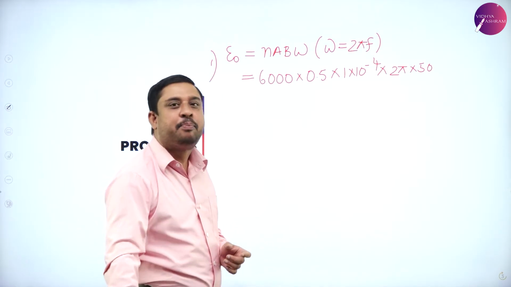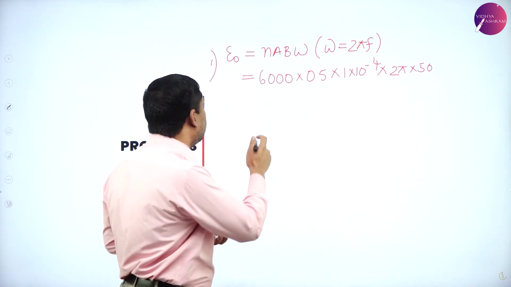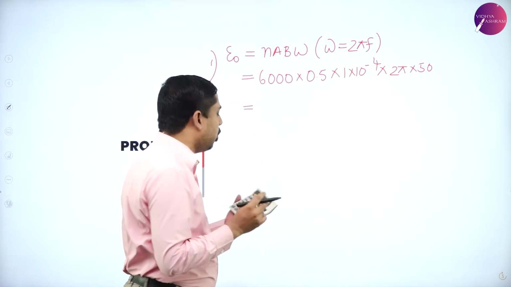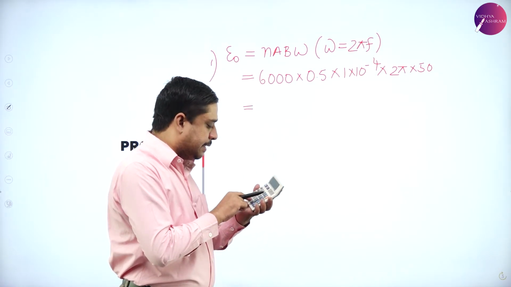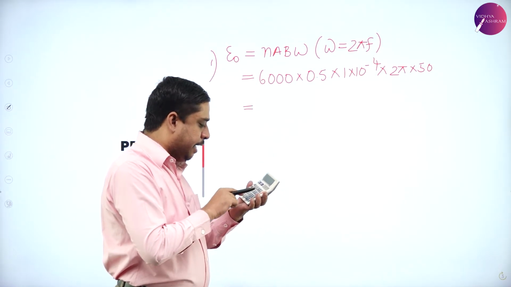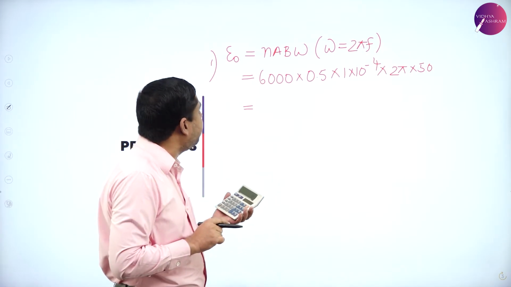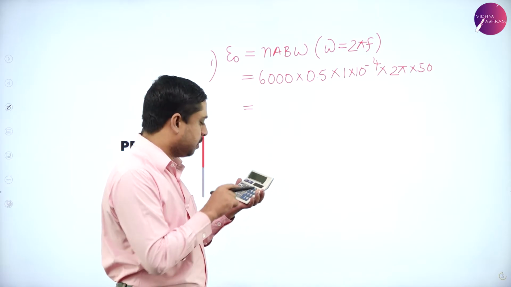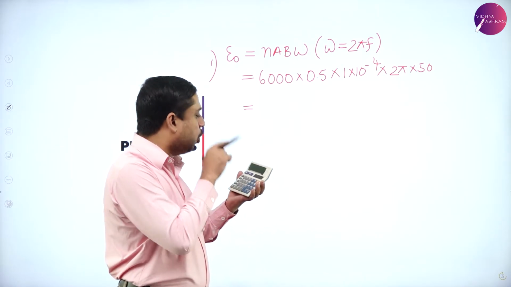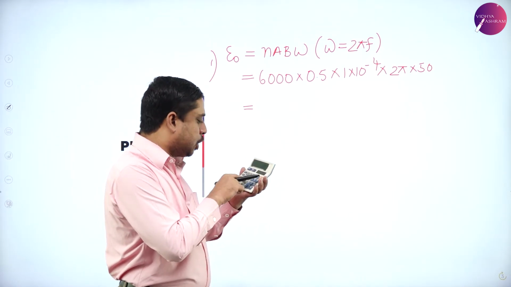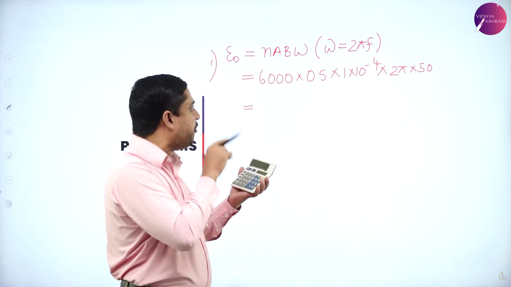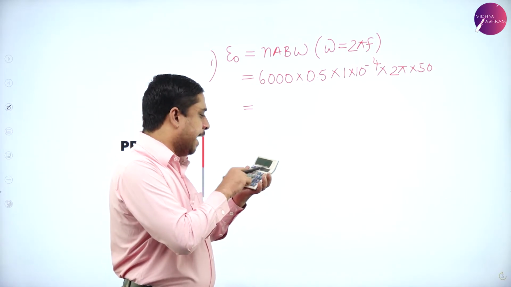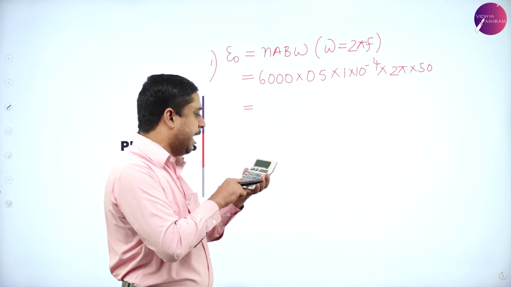So on simplification, this is equal to 6,000 into 0.5 into 1 into 2 into 3.14 into 50.